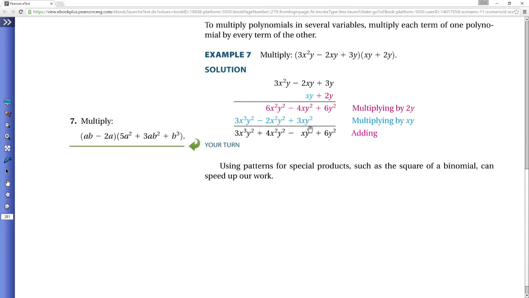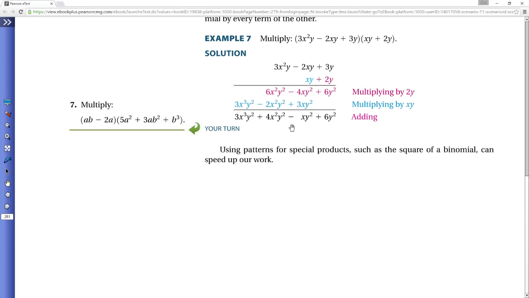This is a nice way to organize your work, and then you can match up your like terms as you're writing down the multiplication. So pay attention to the like terms, put them in the same column, and it can organize your work to make the addition of like terms.